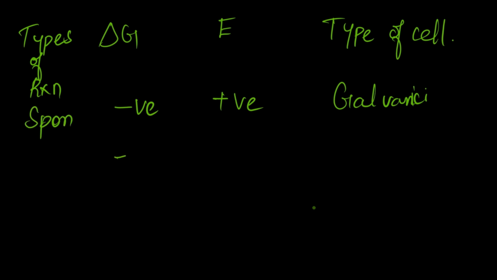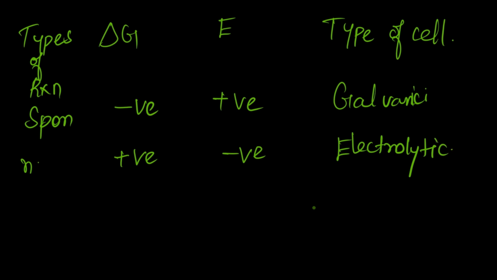And if delta G is positive, then E will become negative. This is an electrolytic cell. Mostly, delta G value predicts the product. By seeing the delta G value, you can say delta G negative means spontaneous, delta G positive means non-spontaneous. If that is 0, then it is in equilibrium.